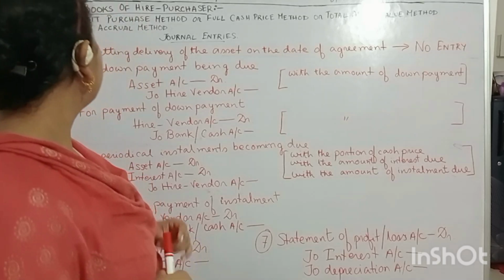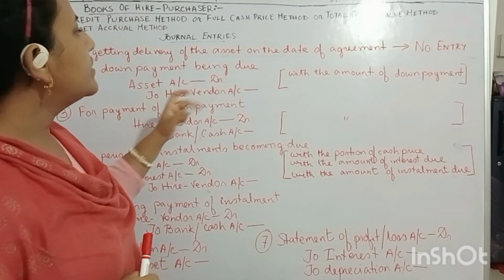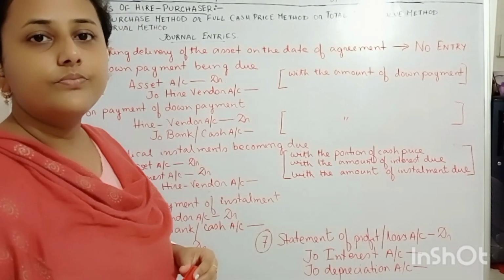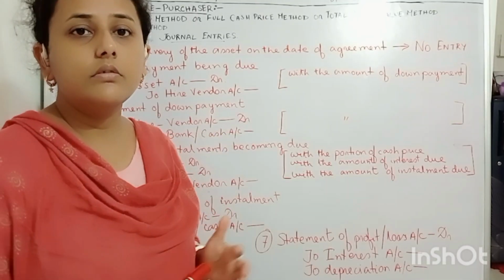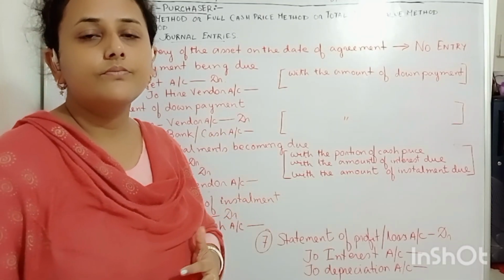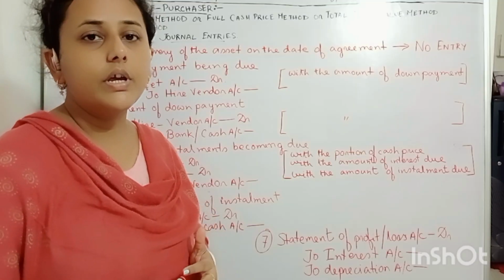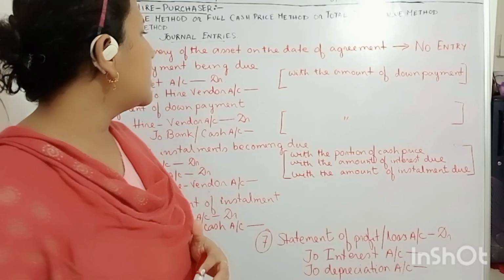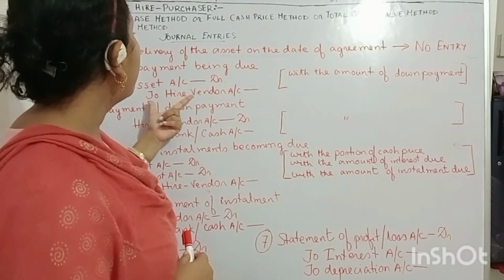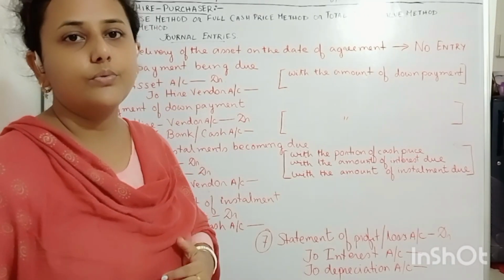Then you see, for down payment being due, point number 2. There is payment of down payment. Down payment becomes due. At that time, asset account is debited to hire vendor account.